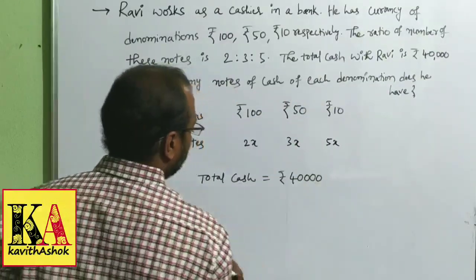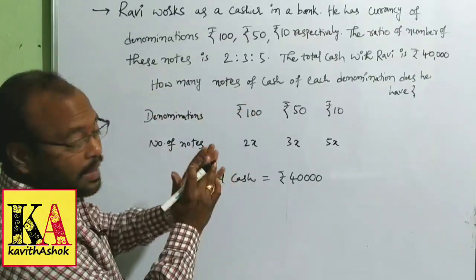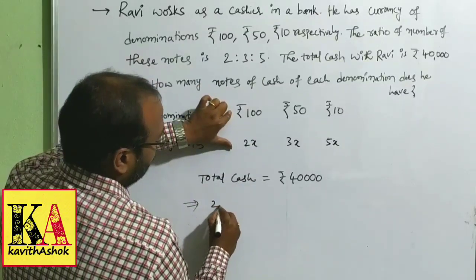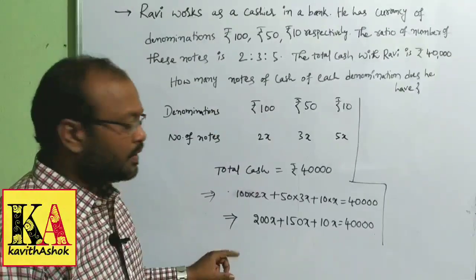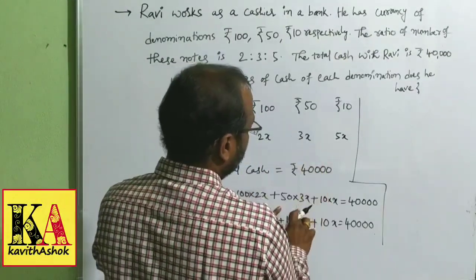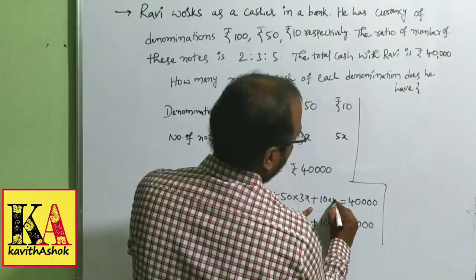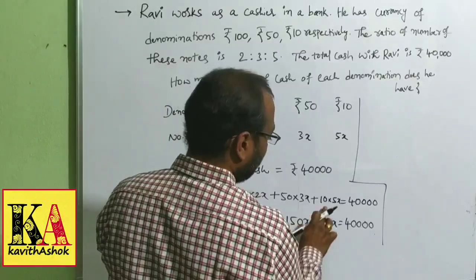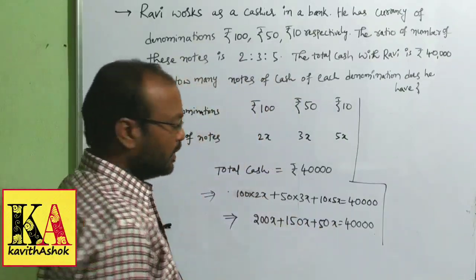So first, the total amount of 100 rupee notes: how much can we get here? 2x into 100. Or simply we can multiply: 100 into 2x plus 50 into 3x plus 10 into 5x. So 50 into 3 is 150, 10 into 5 is 50. 50x is equal to 40,000.